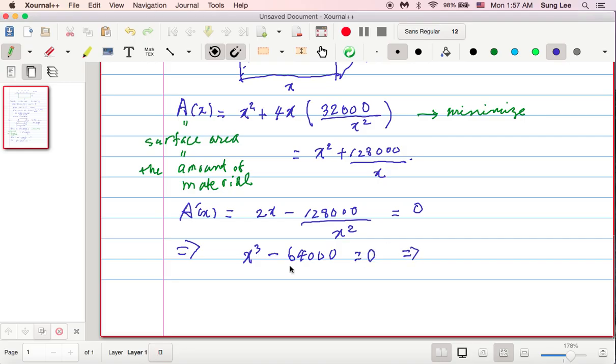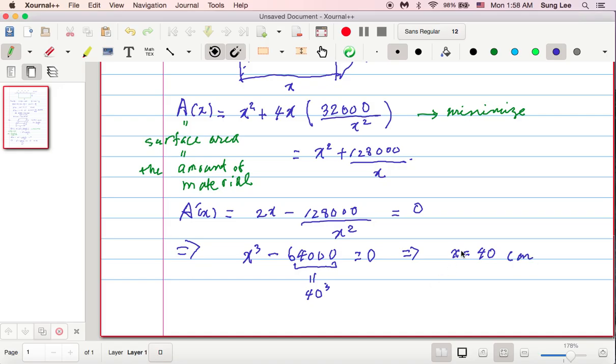Now notice that 64,000 is 40 cubed. So x equals 40. This equation has only one real solution, which is x equals 40 centimeters.